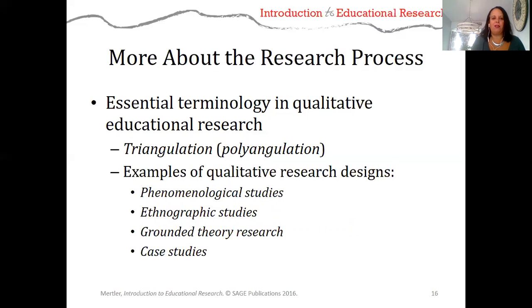In qualitative research, we typically see designs such as these that are on the screen. That includes phenomenological studies, ethnographic studies, grounded theory research, and case studies. Most of us have heard of case studies and have read case studies, and that's using triangulated data or multiple perspectives to look at a case or a particular situation to understand that situation.